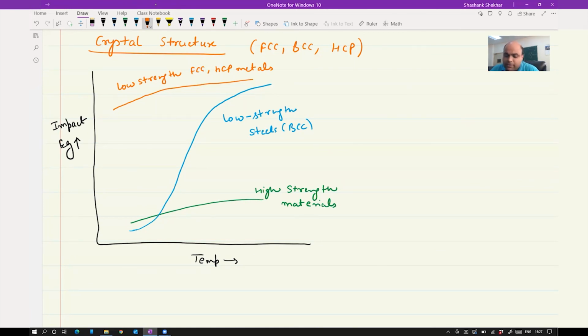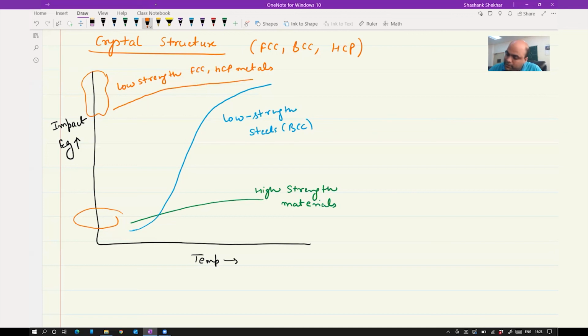So you are anyway going to observe low impact energy. You can see the impact energy value is small in this region compared to the FCC material. Impact energy is going to be high there. Okay, and here also you are not going to observe ductile transition temperature typically. Okay, but if you have steel type of materials, you are going to observe a transition temperature which we have discussed. So that is the blue curve here.